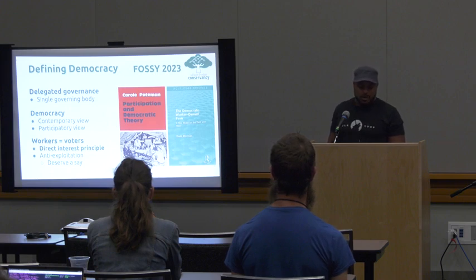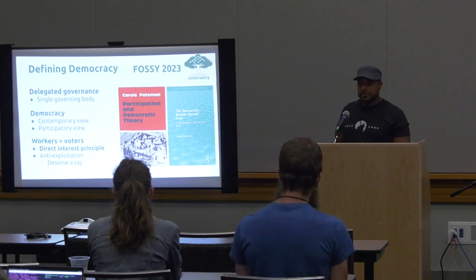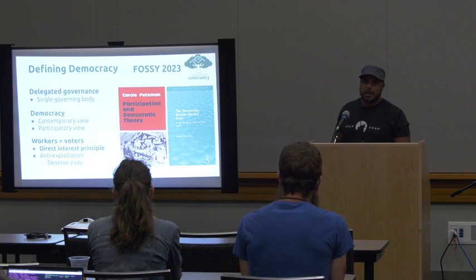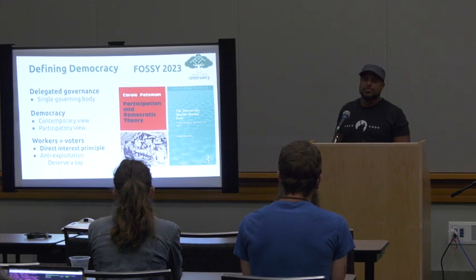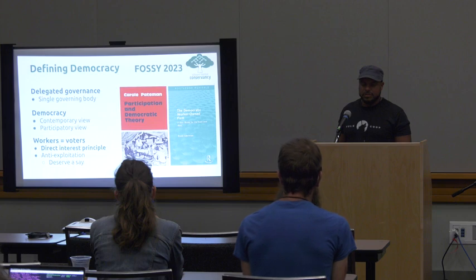So when we're talking about democracy in relation to open source, delegated governance is really the one that is going to be democratic. The other ones don't really adhere to democracy, and we'll tease a little bit of that out more as we go along.